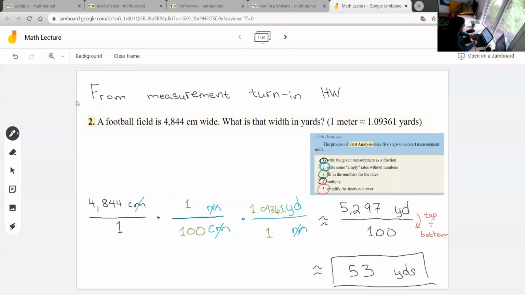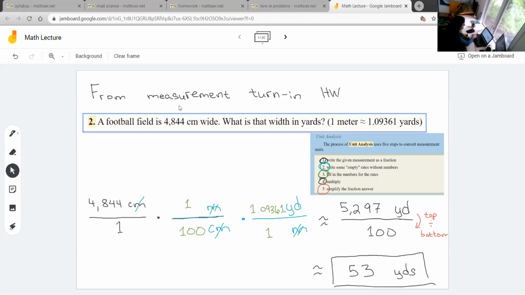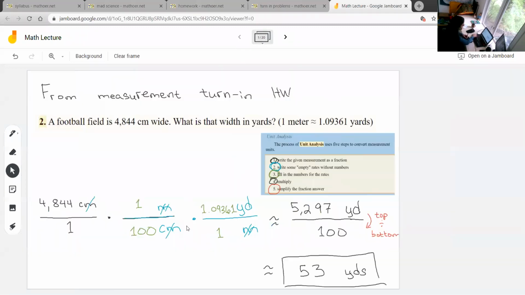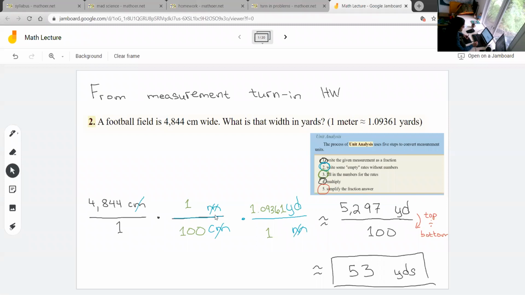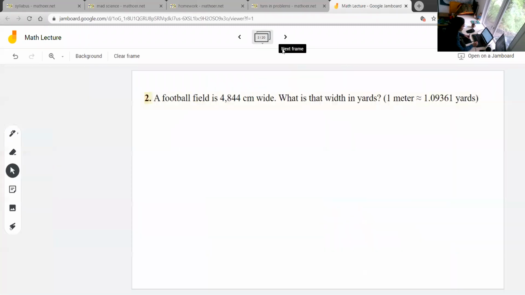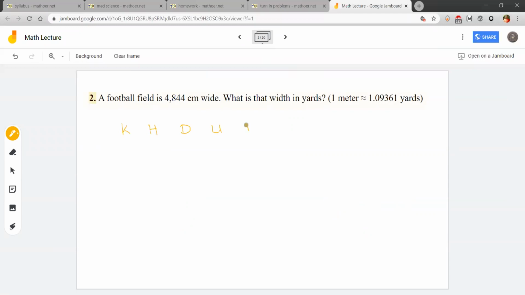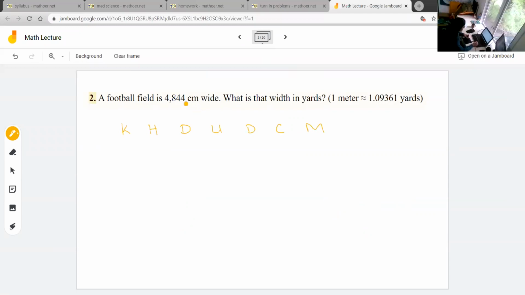You could do this in other ways. Let's try a different thing. Holler if I'm stealing this slide from you too quickly. But instead of using unit analysis, I could do some King Henry stuff and say, first I'm going from centimeters to meters.